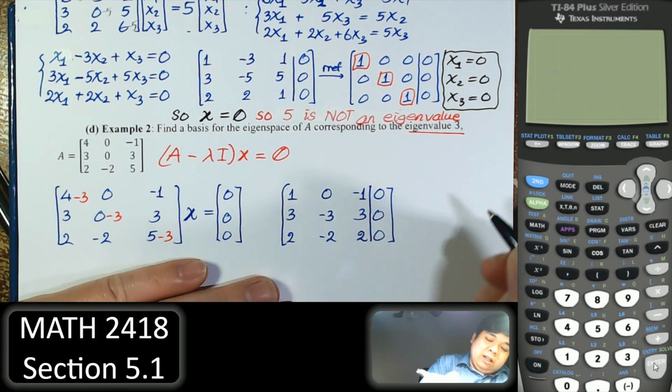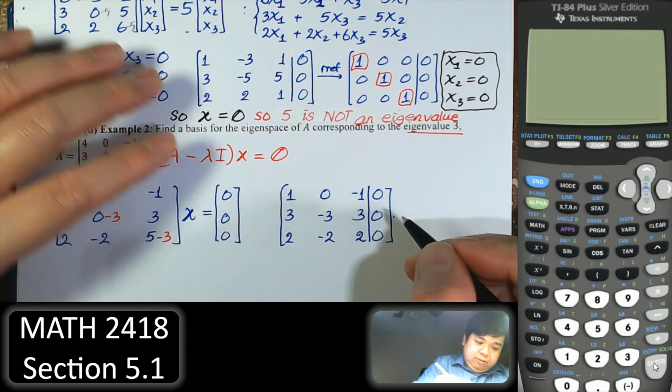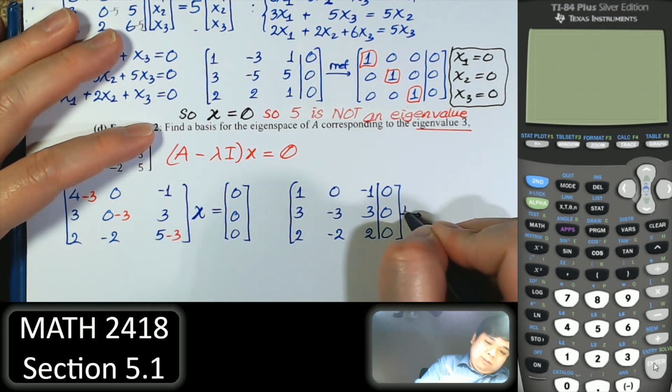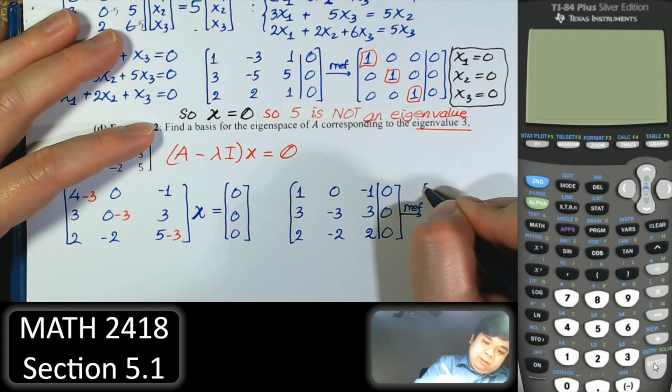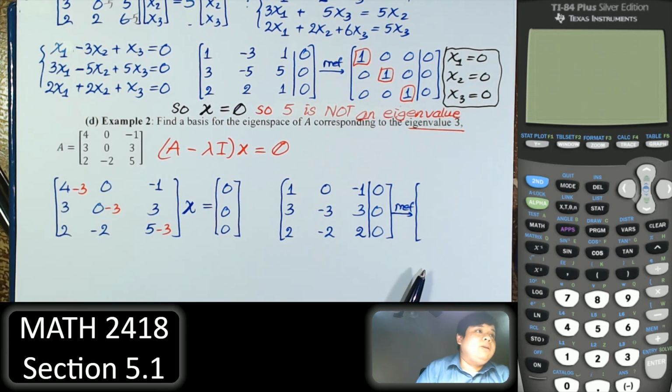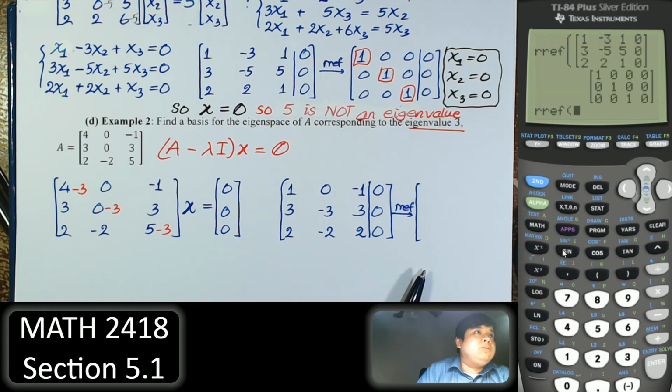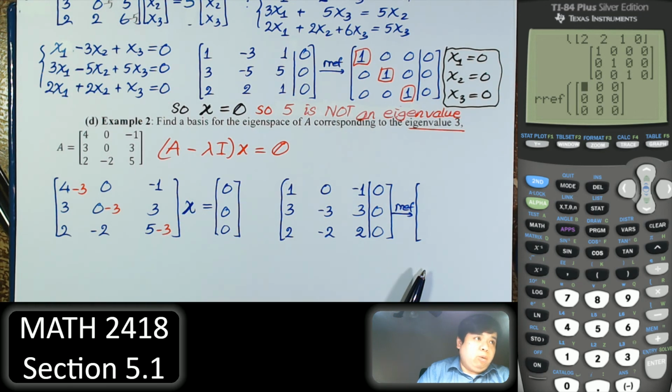I just put in the augmented matrix and reduce to echelon form. I just need 3 by 3. The right hand side is still 0 regardless of the row operation.